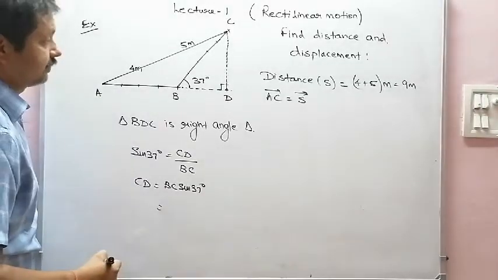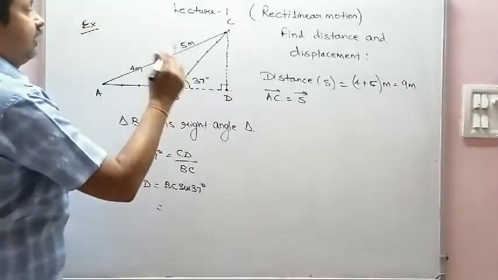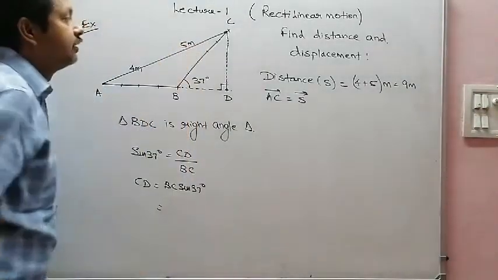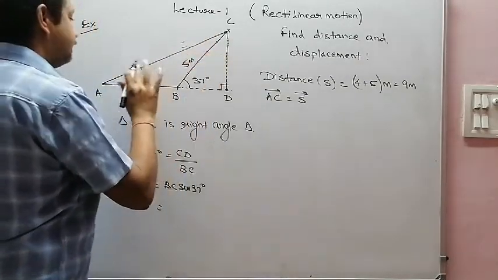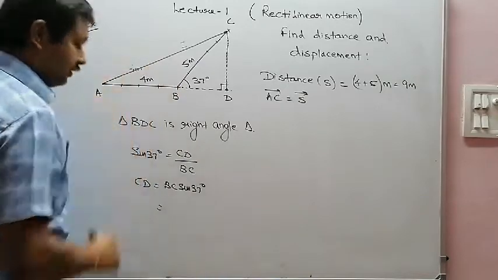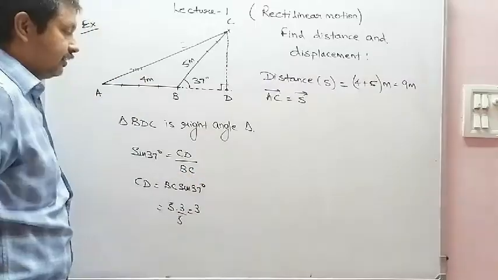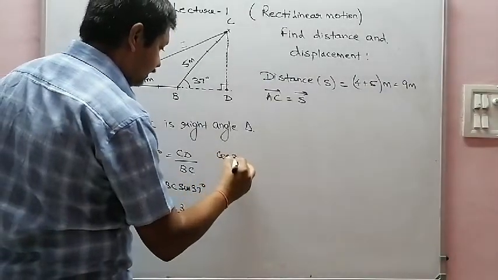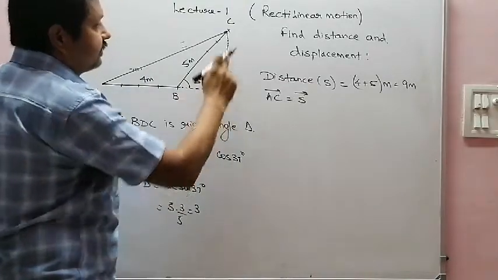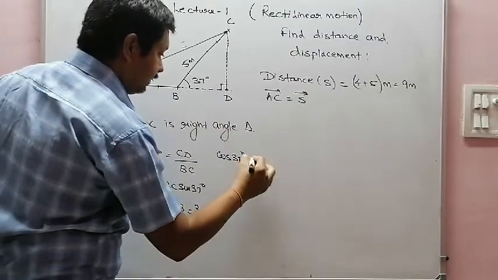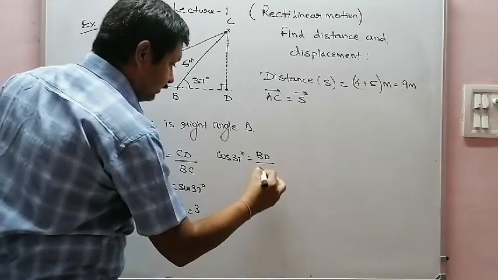So CD is BC. BC was 5 meter. So this distance was 5 meter. 5 sin 37 degrees, 3 by 5, so it becomes 3. Now again, cos 37 degree in triangle BDC, right angle triangle BDC, that is base by hypotenuse, that is BD by BC.